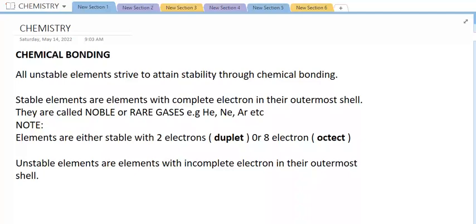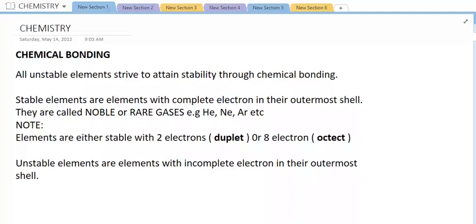Examples of noble gases are helium, neon, argon. Note, an element is either stable with 2 electrons, that is called duplet stability, or with 8 electrons, and that is called octet stability.